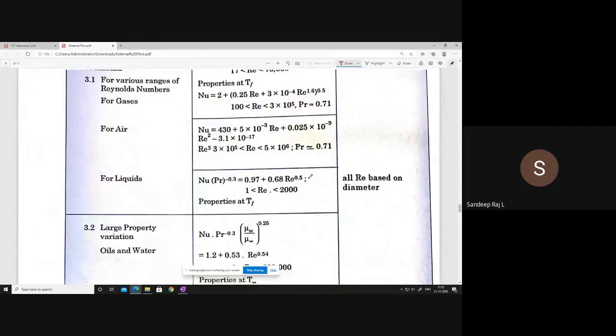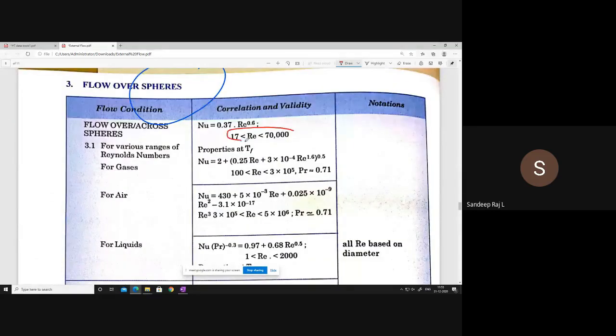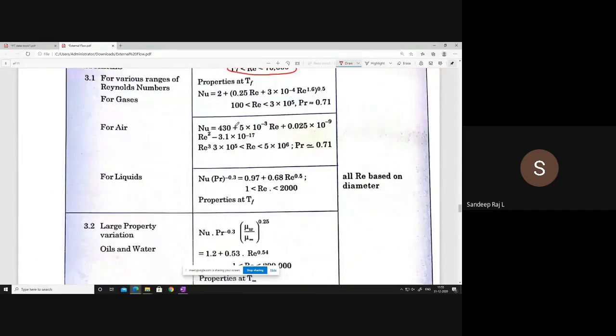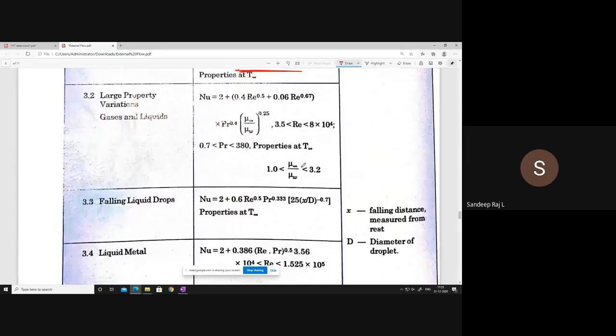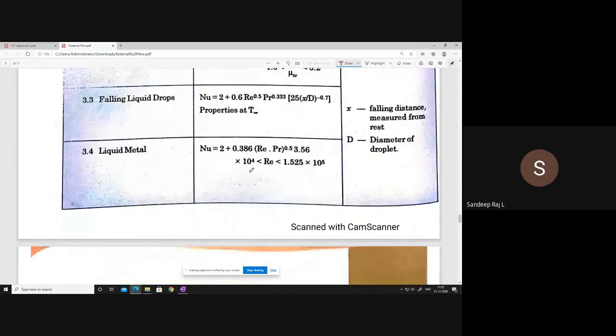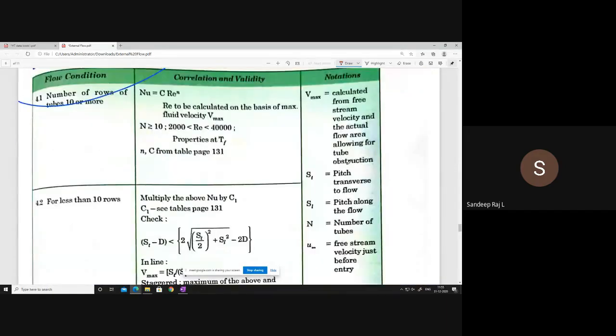Even this is the case for spheres also. You can have a look at all these things. You can see a range of Re, range of Re, range of Re.